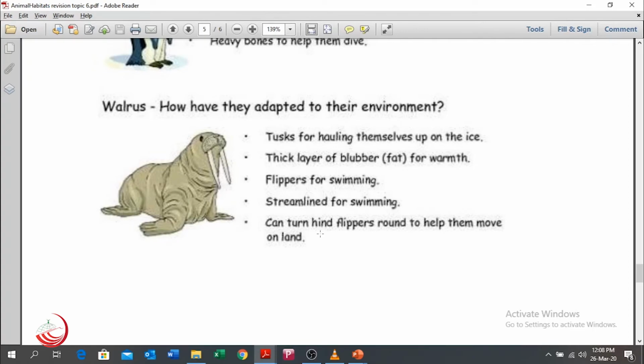Can turn hind flippers round to help them move on land. Hind flippers are the back flippers, those at the back. They can turn hind flippers round to help them move on land. So they tuck them in.